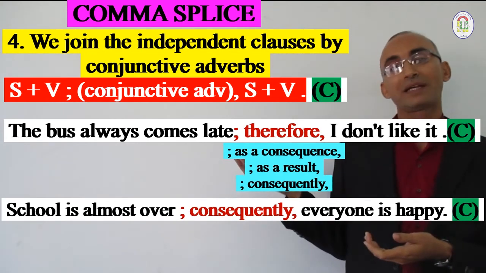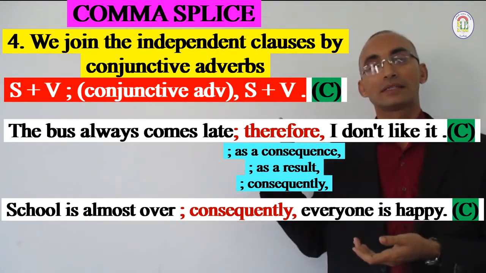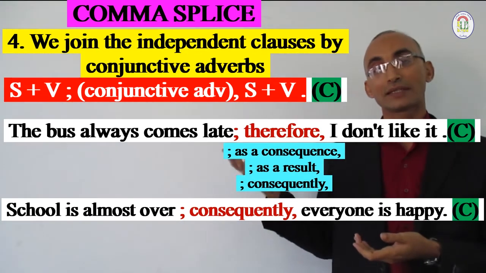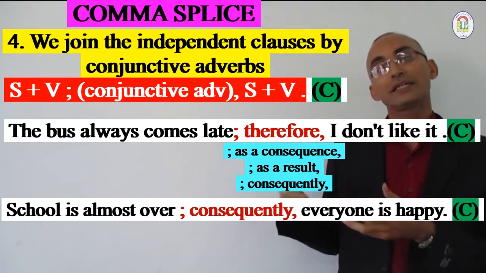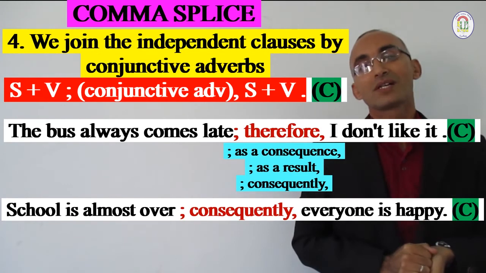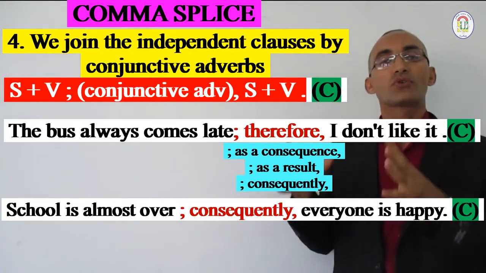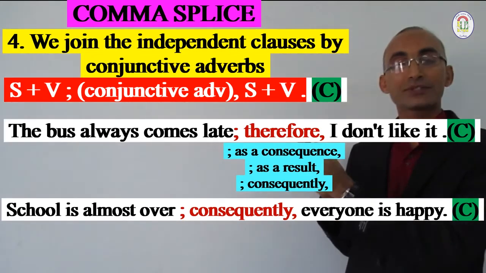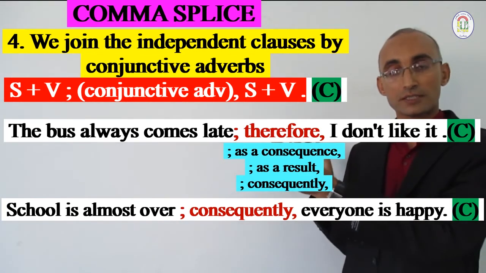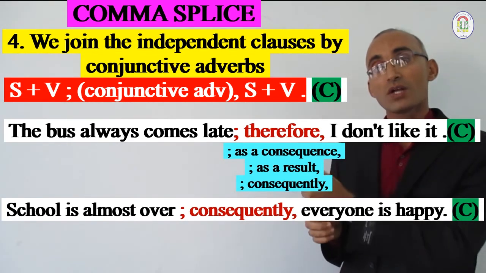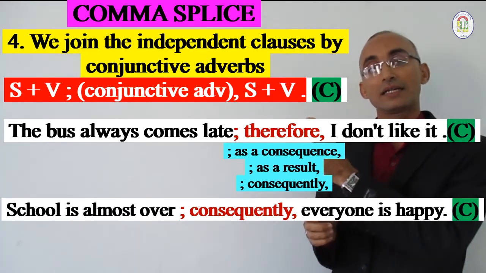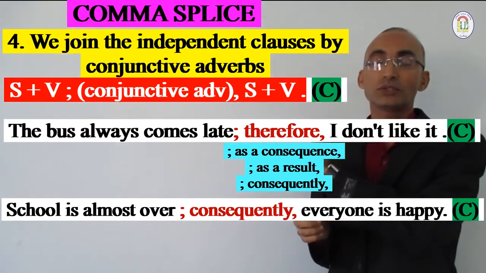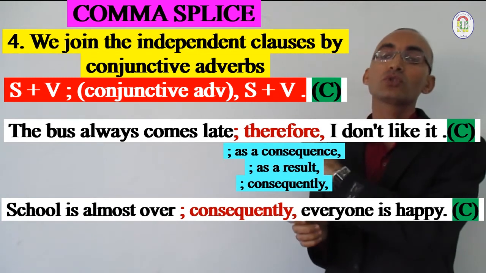Or you can also replace therefore with as a consequence, consequently, as a result, or any conjunctive adverb that expresses result. Clear? Now what matters is that I join my two independent clauses with the appropriate adverb that suits the relationship between the two clauses.